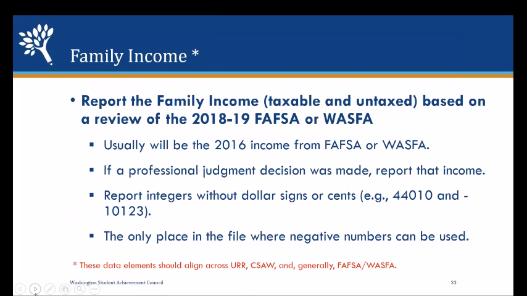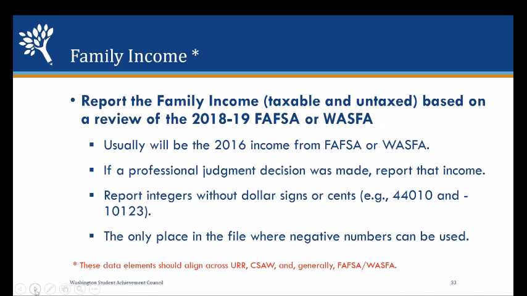Report the family income, the taxable and untaxed, based on a review of the 2018-19 FAFSA or WASFA. Usually you're going to be reporting the 2016 income from the FAFSA or the WASFA. If you did complete a professional judgment, report that income, and make sure you process that transaction through the system.